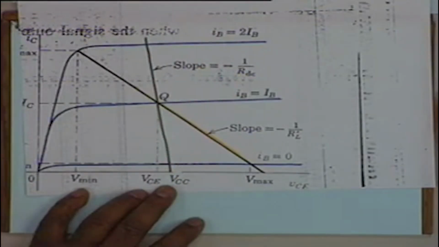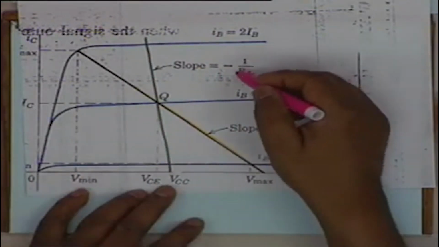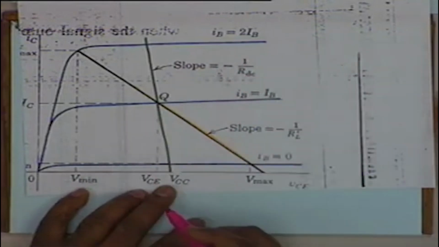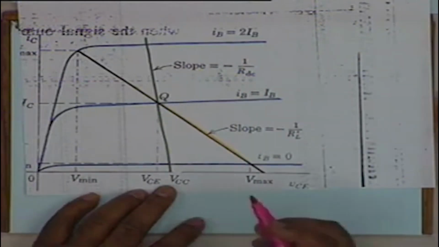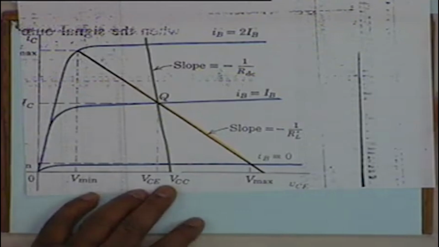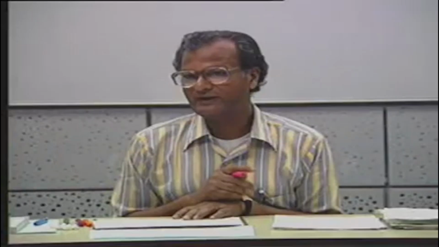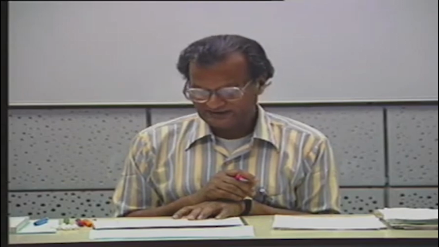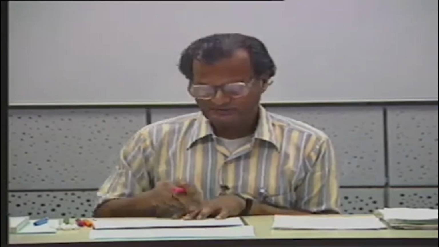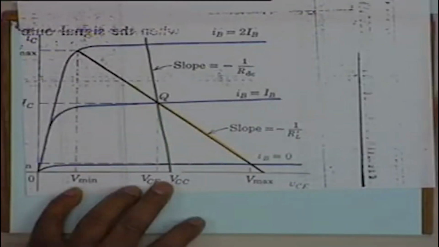It is slightly inclined because of RE, so the slope is minus 1 by RDC, all right. And the Q point, it's very easy to find the Q point. What you do is you find the maximum dissipation hyperbola and draw a vertical line at VCC. Wherever it cuts is approximately the Q point.